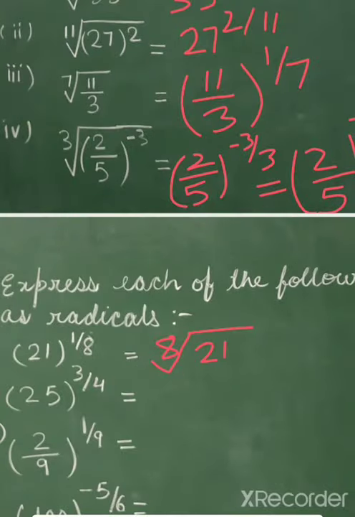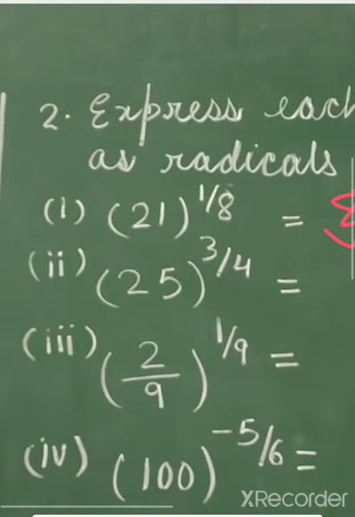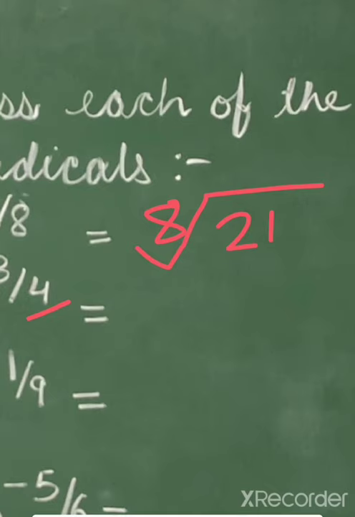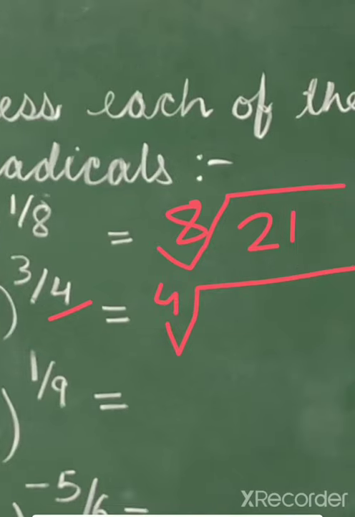So 1 we need not write. Now the second question is 25 to the power 3 by 4. That is the 4th root of 25 cube. So we give the root sign and then the denominator is the 4th root of the base number 25 to the power 3.